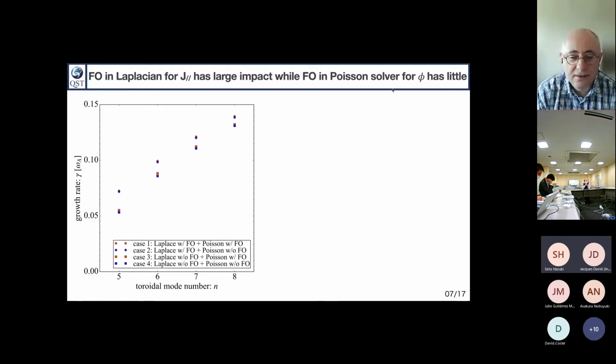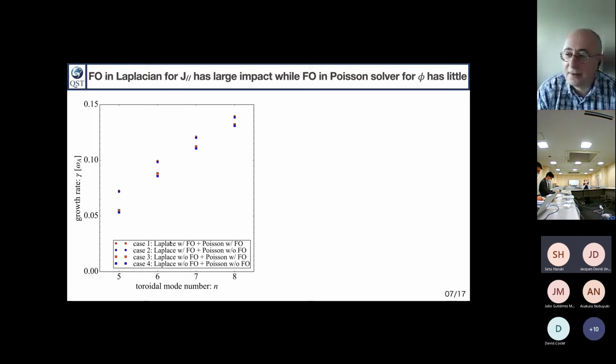For example, for calculating the n equal 5 mode here, in case 1, using flute ordering for both the Laplacian and the Poisson solver, this growth rate can be obtained by maybe a 10-minute simulation with 200 CPUs, but for the 2D Poisson solver, about 2 hours with 500 CPUs.